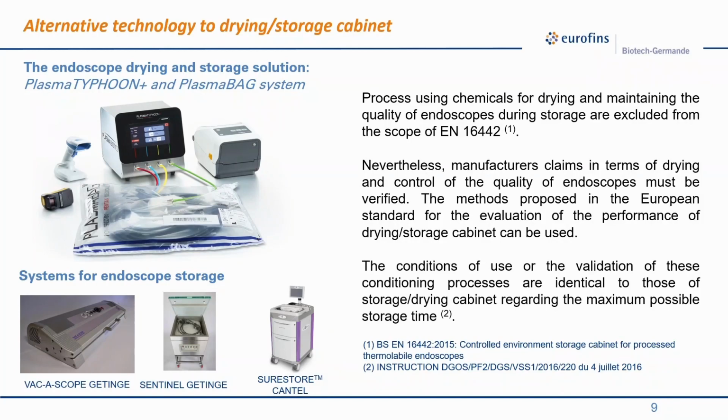Nevertheless, manufacturer claims in terms of drying or in terms of maintaining the quality of the endoscope need to be demonstrated. And we can, of course, use this standard to demonstrate the efficacy of these systems. It's exactly what is mentioned in the French guideline published in 2016, where the French Health Ministry clearly indicates that manufacturers need to demonstrate the efficacy of these portable systems using the existing standard, even if they are not included in this standard.